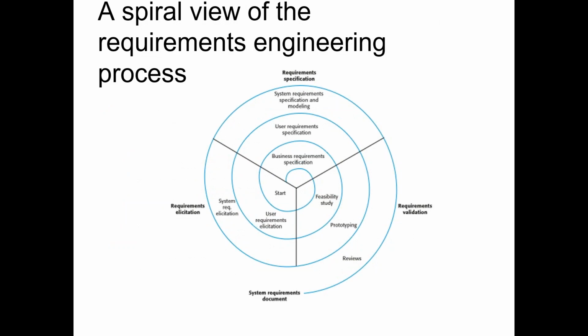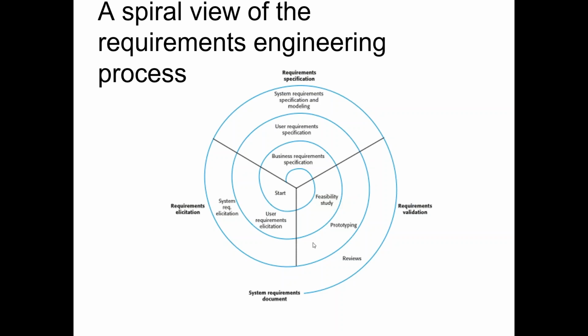This is a spiral view of the requirements engineering process. You start out, you have your business requirements specification, your feasibility, your requirements elicitation, user requirements, prototyping, system elicitation, system specification and modeling, then reviews. But look at it.